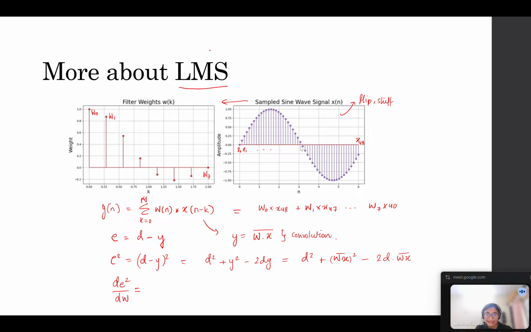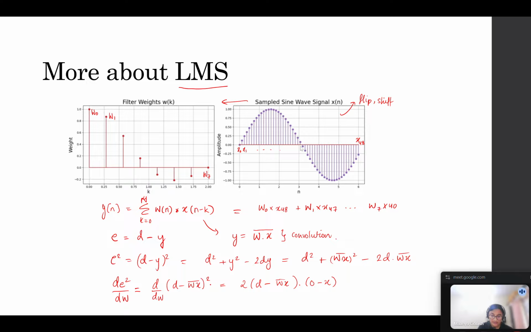We can represent this as d by d omega of d minus wx whole square, which is 2 times d minus wx into 0 minus x.